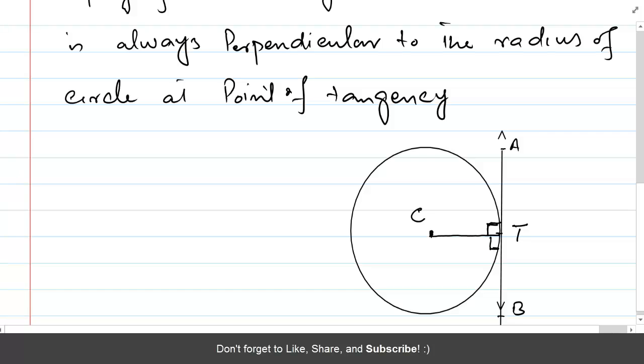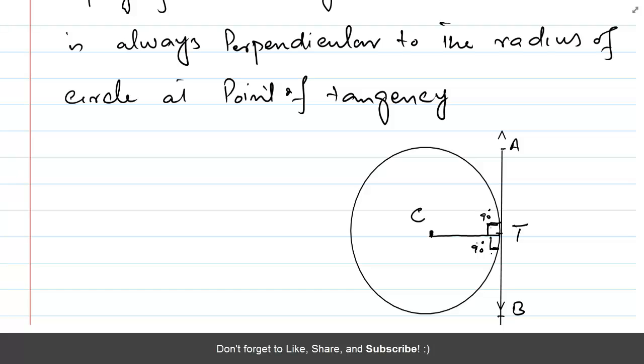This is 90 degree here, because the angle on one side of a line is always 180 degree. Therefore 90 degree would be on this side and 90 degree would be on this side. This is called the first property, the tangent radius property of the circle, and it does have its own implications.